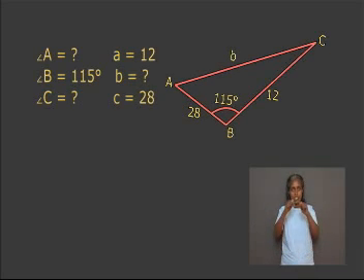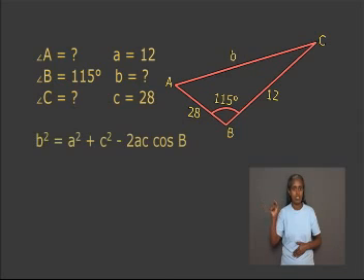We will solve triangle ABC, where a equals 12 units, c equals 28 units, and the measure of angle B is 115 degrees. We can find the length of side b by using our law of cosines.